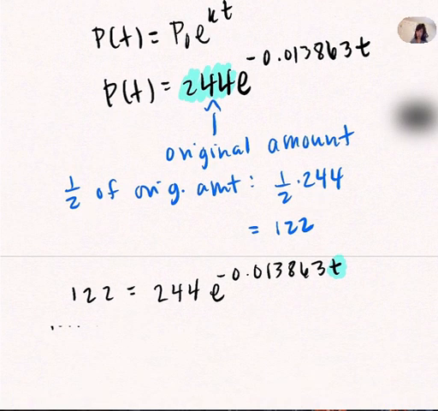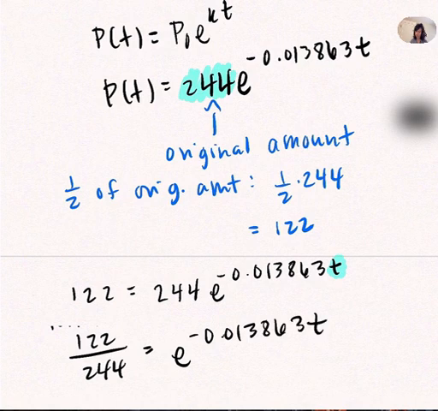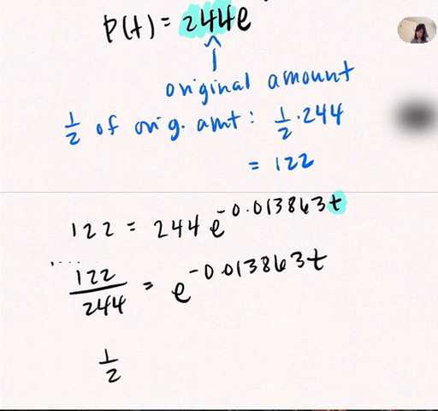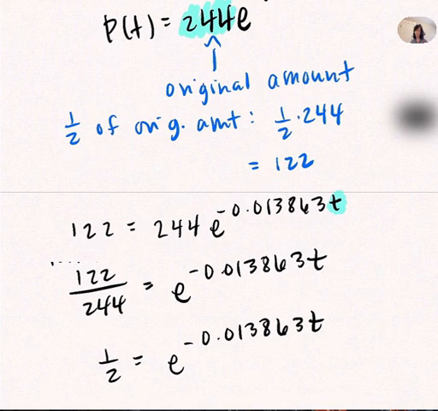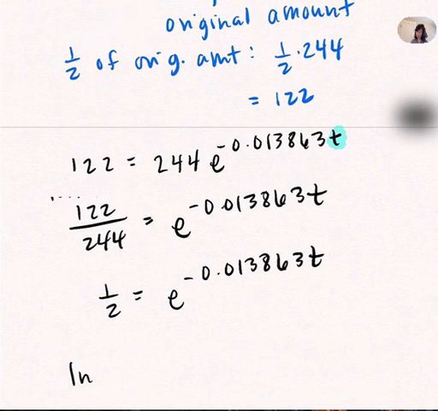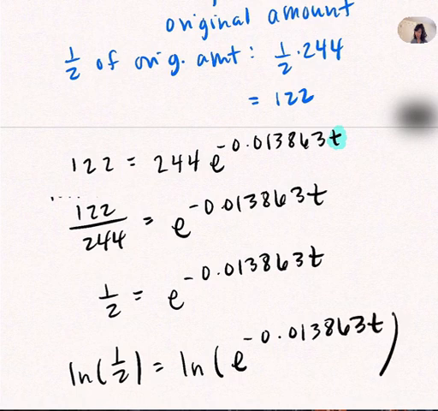If I divide both sides by 244, I get 122 over 244 equals this, and that gives us 1/2 on the left. Now I can do my trick where I take the natural log of both sides. So I do ln of 1/2 and ln of e to this k value times t.